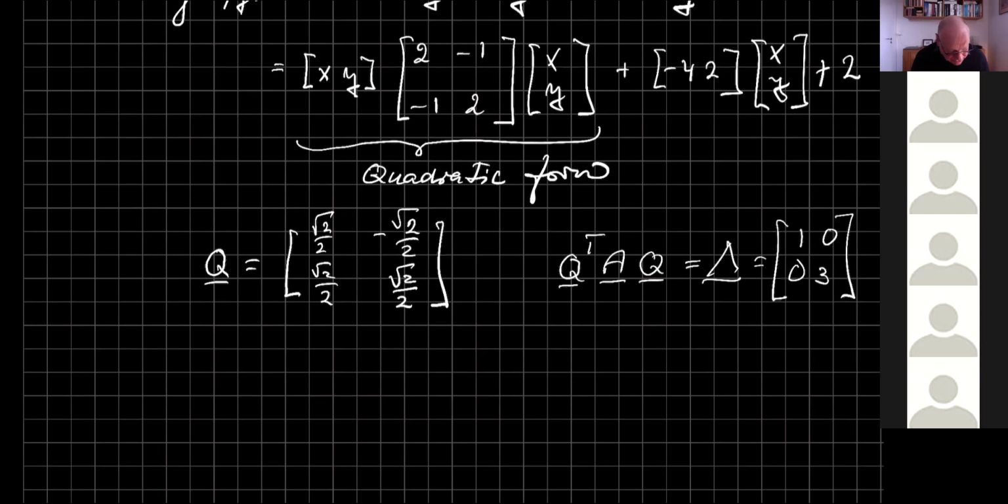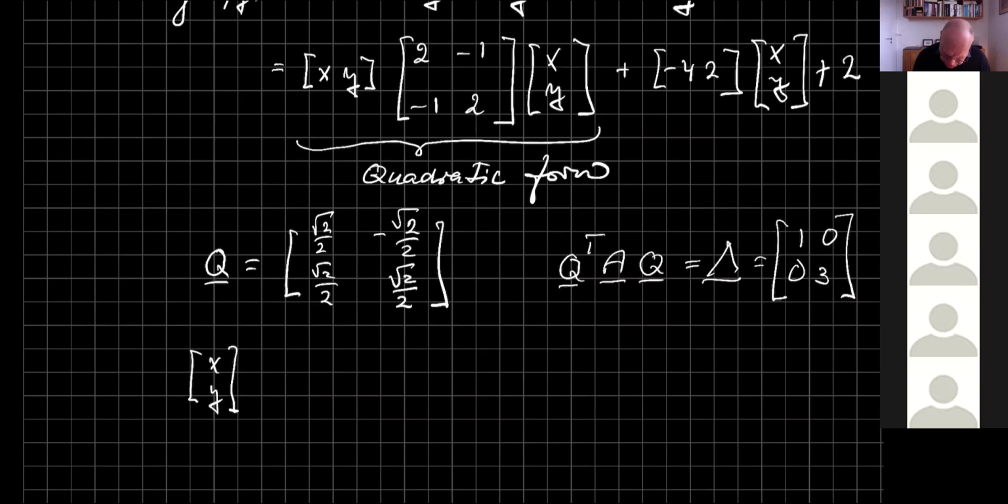But now you can use this in order to get rid of the mixed terms in your quadratic form. And you do this by introducing new coordinates.